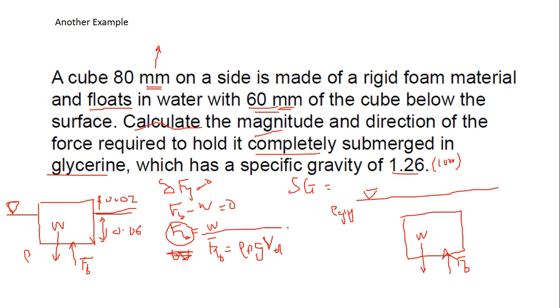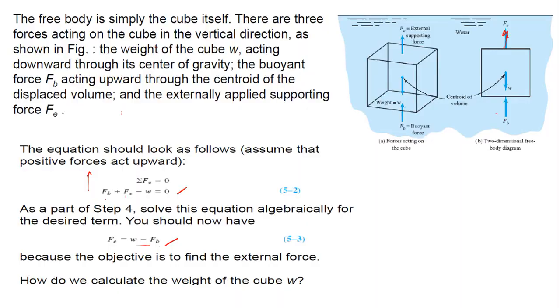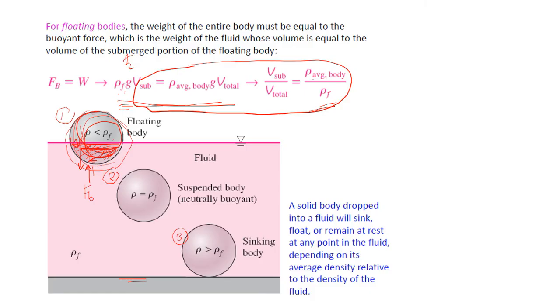Faham tak ni? Macam dapat ni? Okay, now tadi awak dah buat your W equal to FB kan. So you know from the equation we learned before, when it's floating, FB is rho of the fluid times G times the volume of the submerged body, this VD, which is equal to W, and W is rho of this object times G times the V of the object.